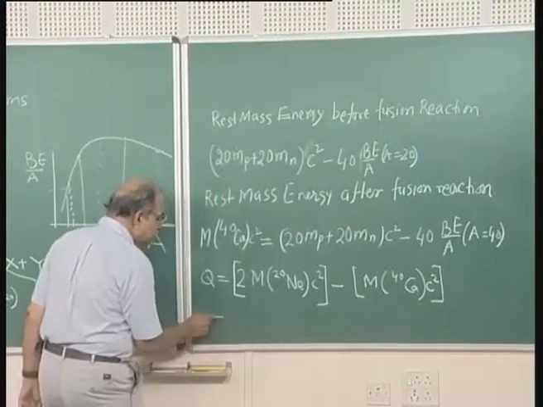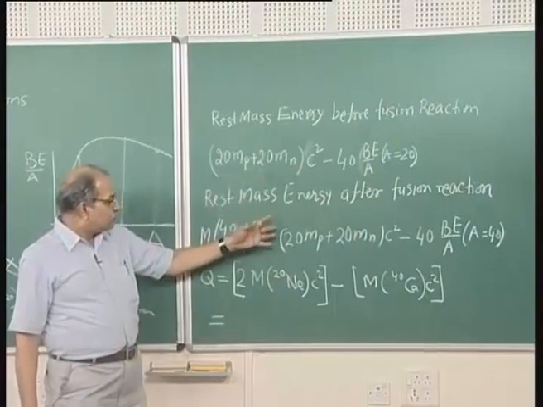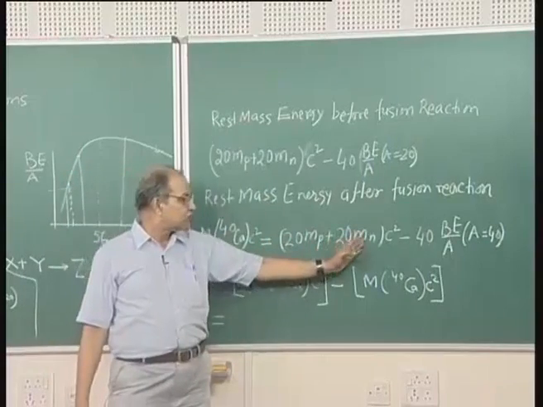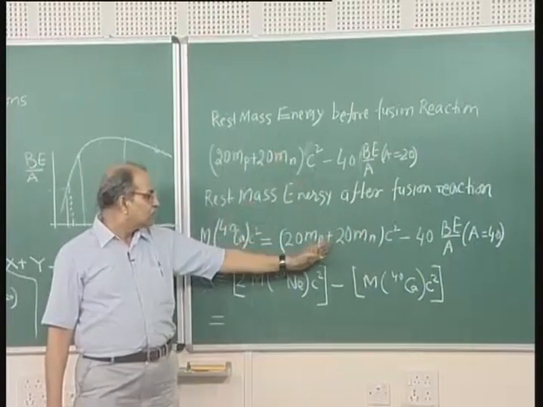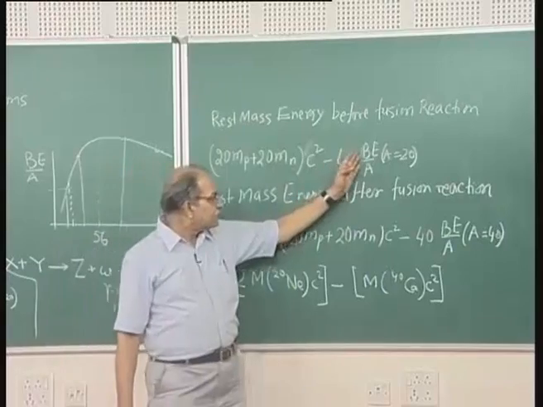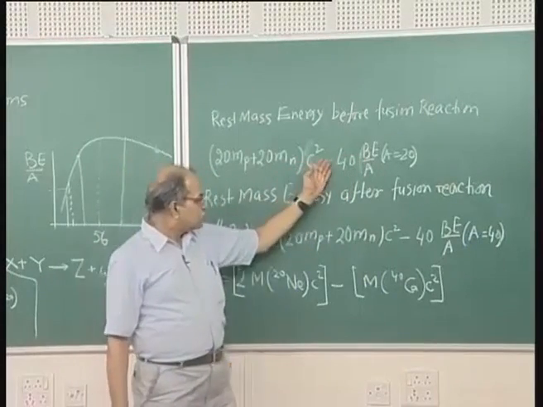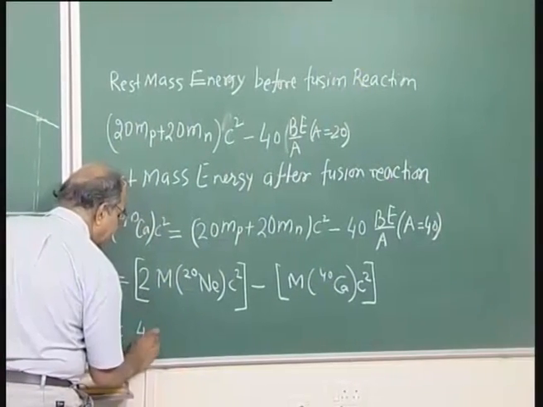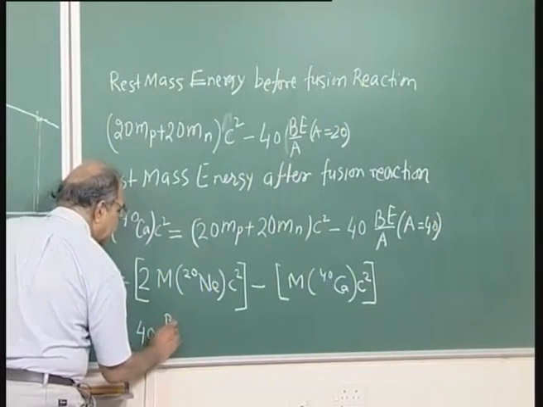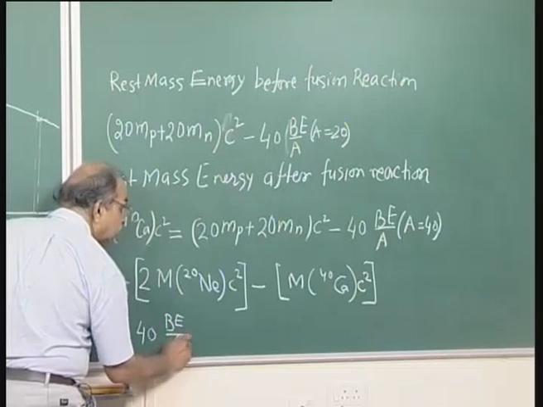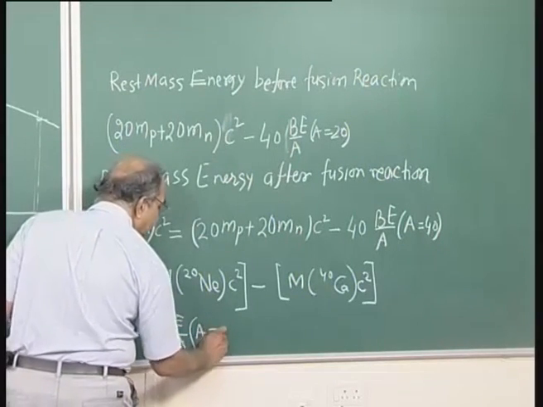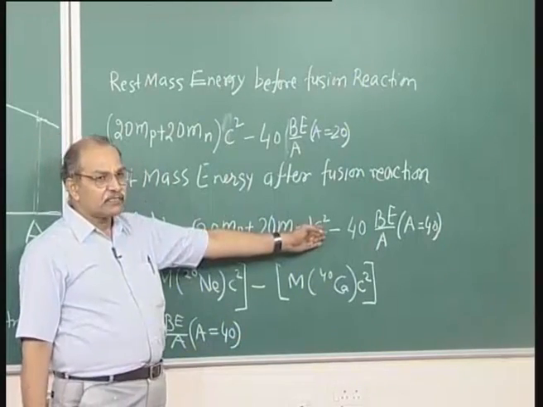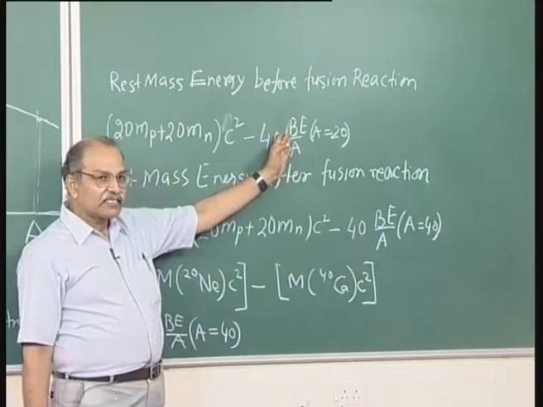And when you subtract this final mass from this initial mass, all this 20 MP plus 20 Mn C square cancels out, and here you will have this minus this. So, this will become positive. So, this is equal to 40 times Be per nucleon at A equal to 40, right. You are subtracting the final rest mass energy from the initial rest mass energy.